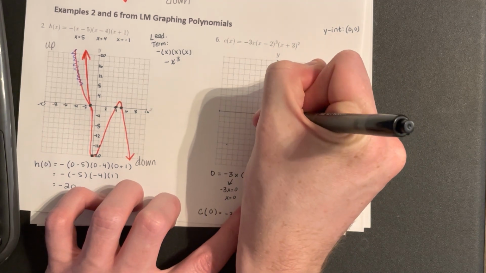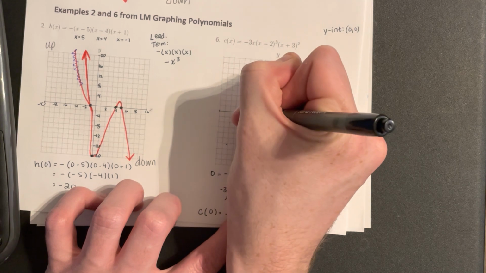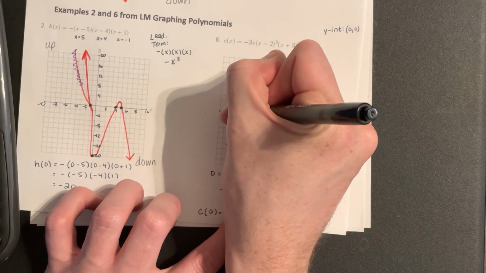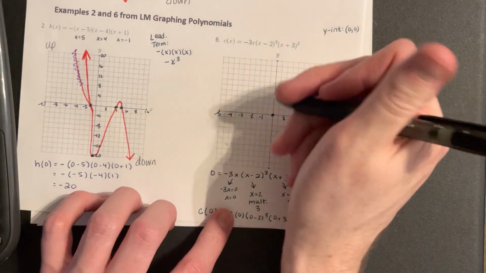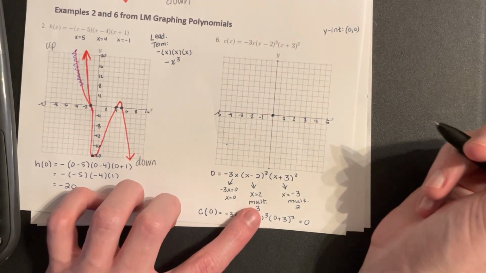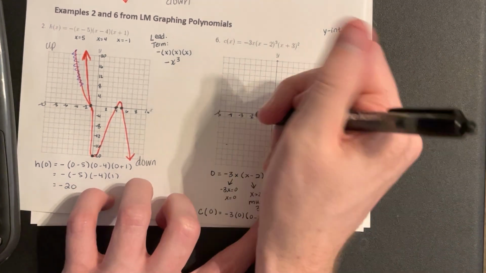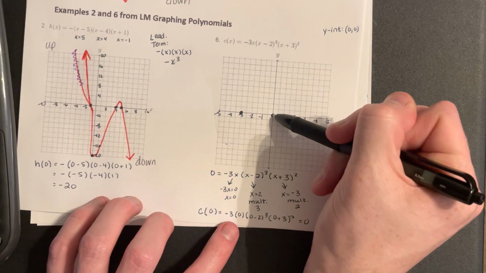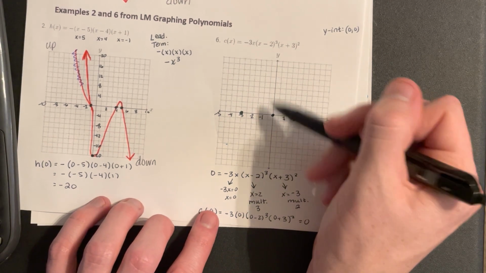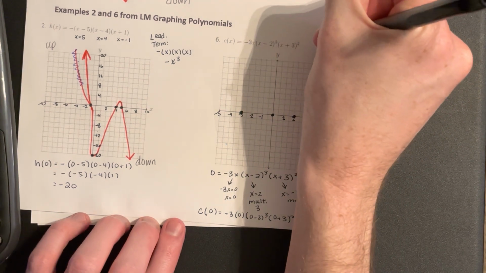That makes the x-axis a little bit wider for me to work with. But I'm going to have a point at 0, 0 right there, another point at 2, and another point at negative 3. The y-intercept is 0, 0, so I don't need to plot anything else on the y-axis. We do need our leading term.